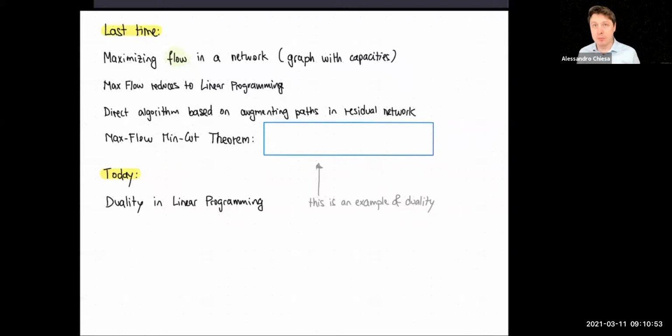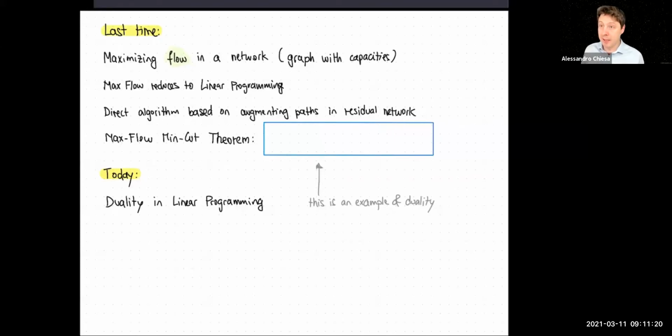We saw how to solve max flow by reducing it to linear programming. And in turn, because linear programming has a general polynomial time algorithm, that gives us a way to solve the max flow problem. But then we went beyond that and came up with a direct algorithm based on augmenting paths in a residual network that gave us a more efficient direct solution.